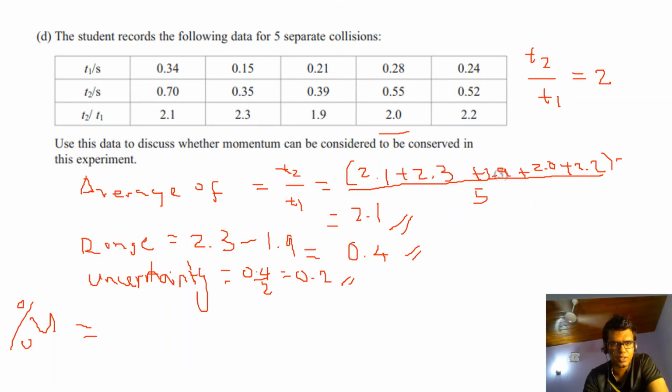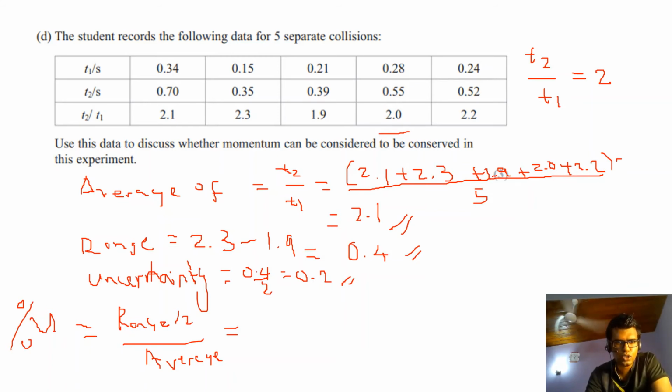Percentage uncertainty is range over 2 divided by the average. That is uncertainty divided by the average, times 100%. That is 0.2 divided by the average, 2.1, times 100%.